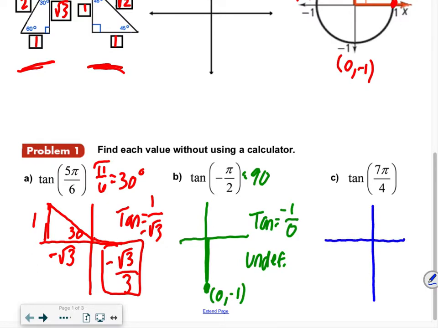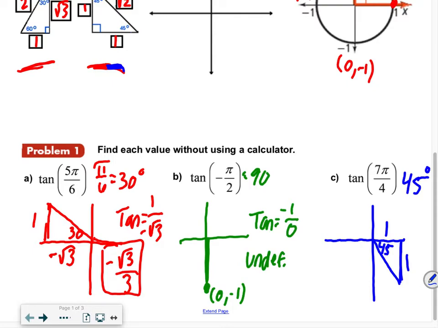Alright, 7 pi over 4 is just pi over 4 short of being 2 pi. So I have a 45-degree angle here. My sides, again, using my standard triangle, my legs are each 1.